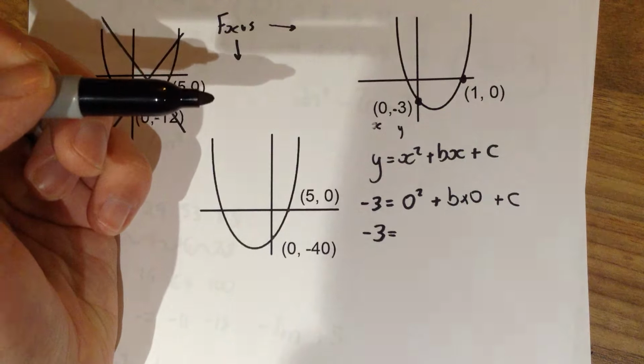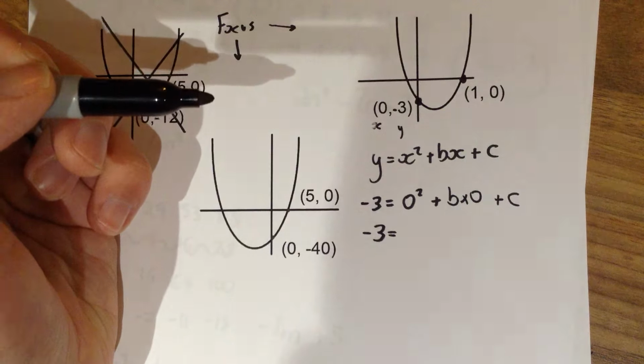Before I move on to the next one, I'm going to rewrite that equation again. So y equals x squared plus bx, but because I now know that c is minus 3, I'm replacing the plus c at the end with minus 3. I'm now going to do the same thing, but this time substitute the coordinate 1, 0 into this equation.